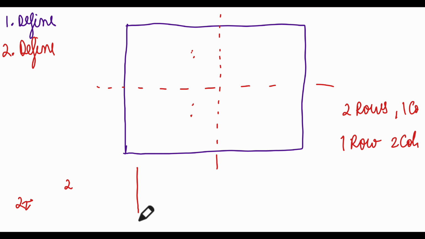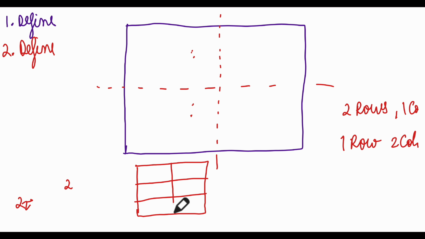For example, let's say this is your white space and you want to compare a total of three things. You draw something like this: C1 versus C2, C3 versus C4, C5 versus C6.